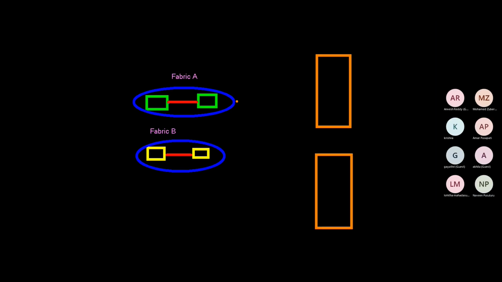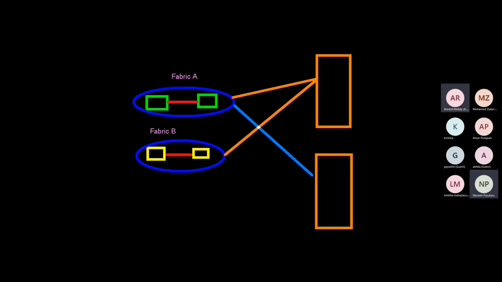Now I'm going to connect my 2 storages to both the SAN networks. In the same way, I'm going to connect my second storage also to both the SAN networks, through one of the switch ports on each.